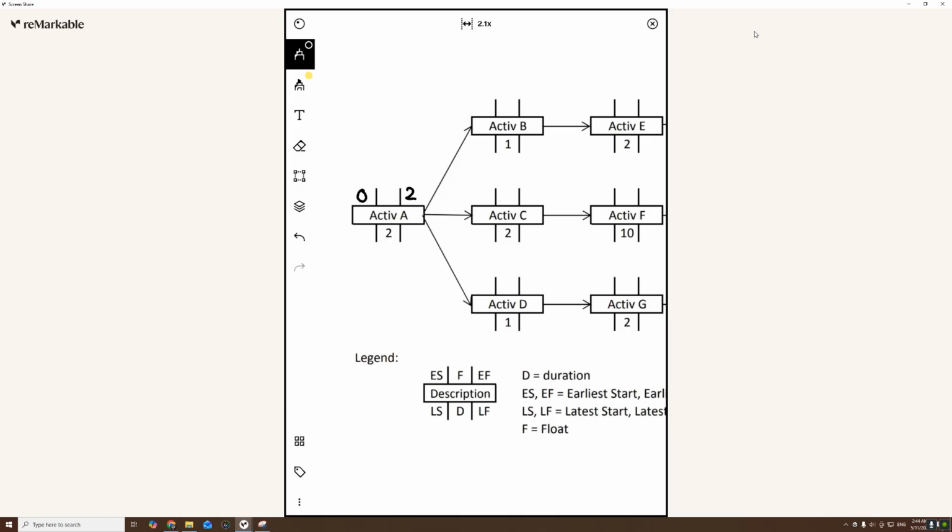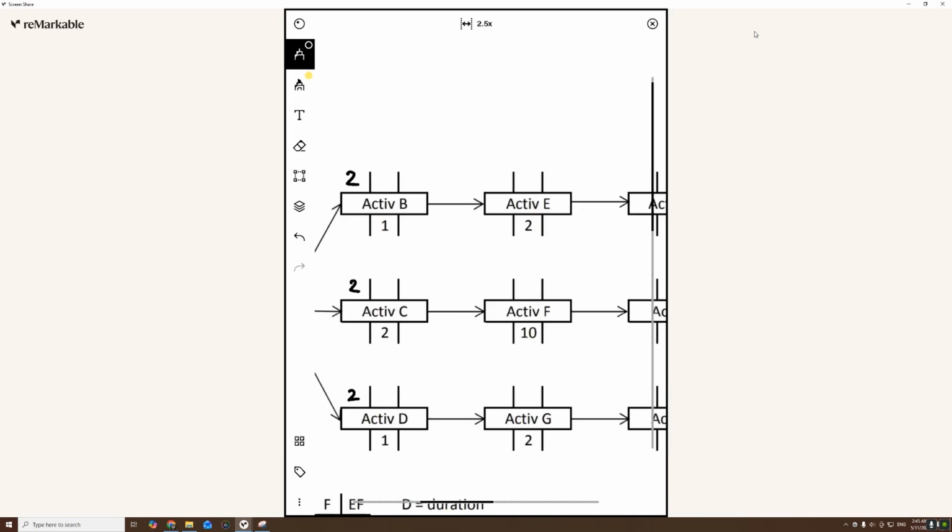None of these activities can be started any earlier than this because they need activity A to be completed. And obviously we won't put a number greater than 2 because that wouldn't be the actual earliest you can start these activities. So I will mark day 2 as the earliest start for each of these activities.